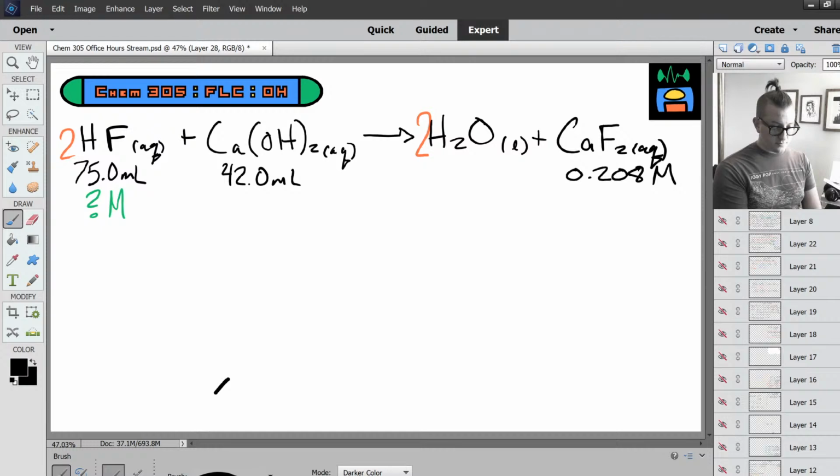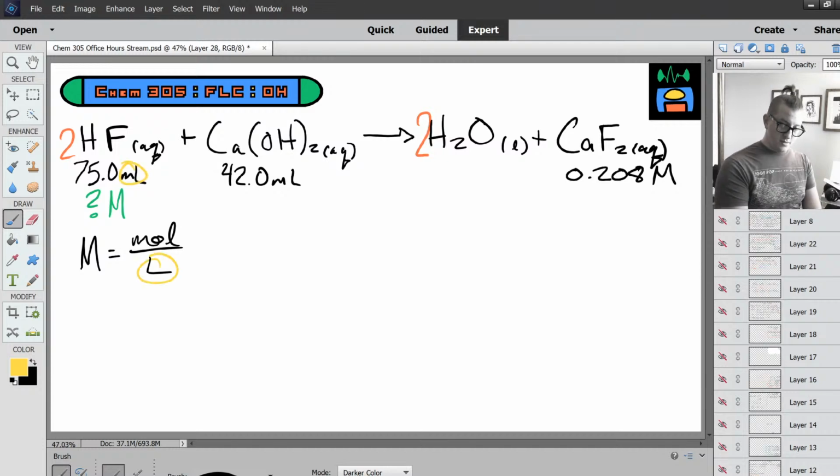Now, molarity is equal to moles over liters. Even though we don't have our volume in liters, we still have our volume, right? 1 milliliter is 10 to the negative third liters, so we can convert that volume and get there.